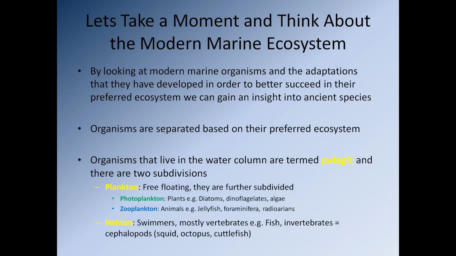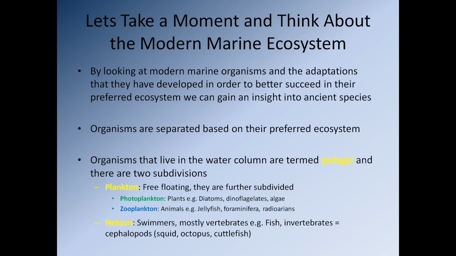They cannot produce their own food. So essentially, pelagic organisms, the first group is plankton, so they're free-floating, and there are two subgroups of plankton: phytoplankton, those that can produce their own food, and zooplankton, those that have to ingest their own food.